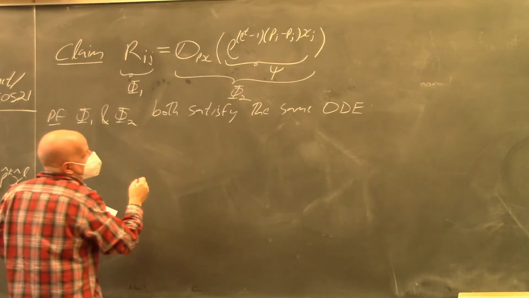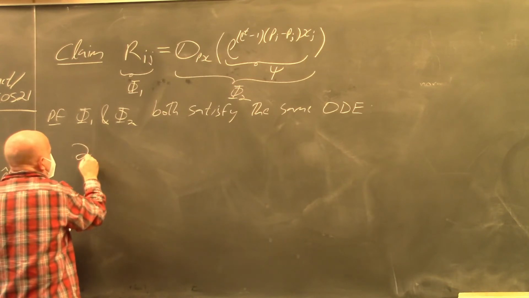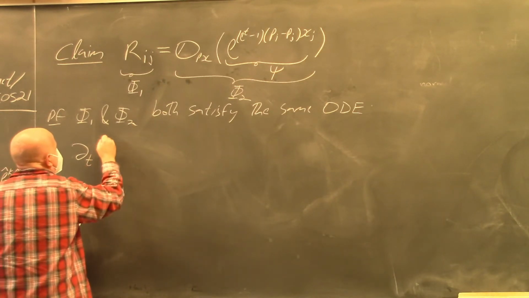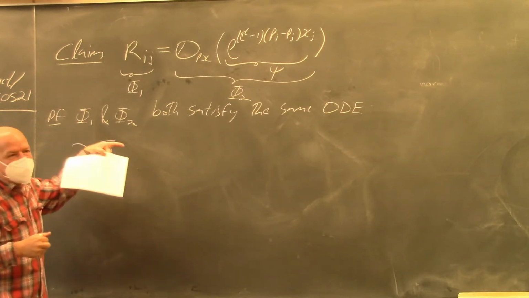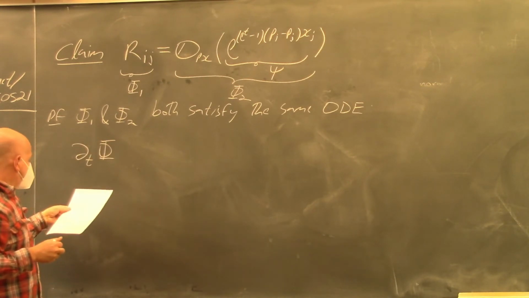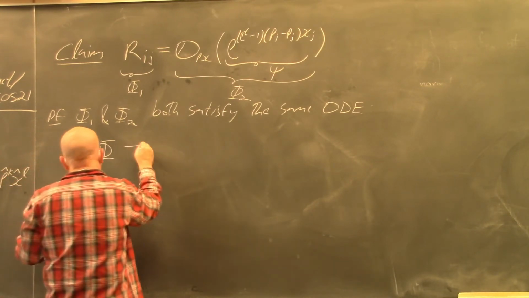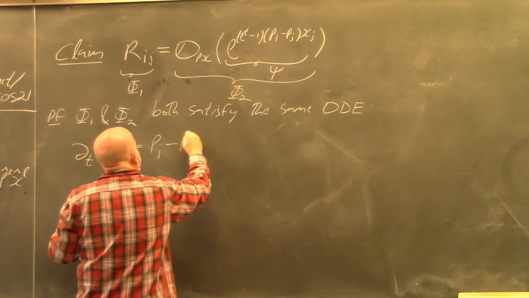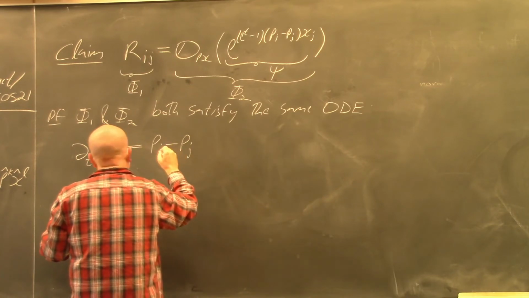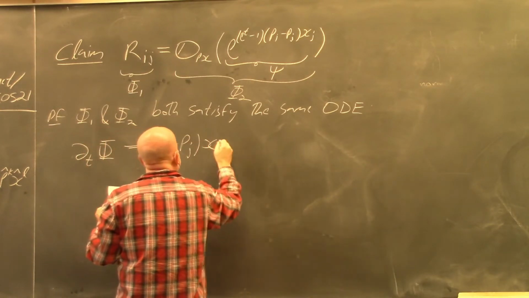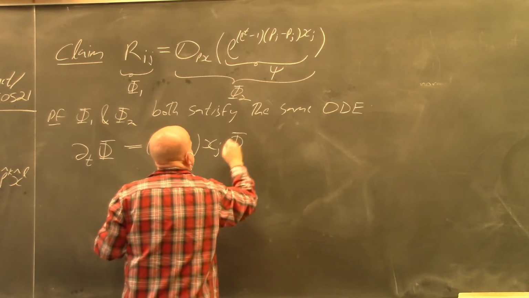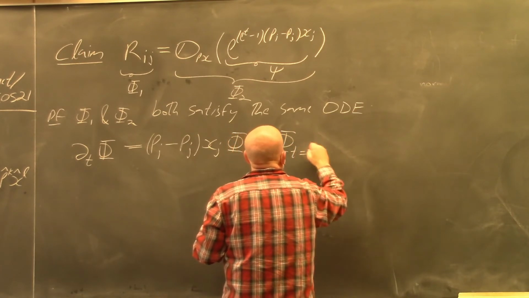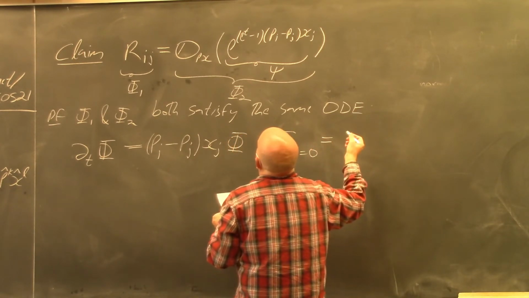And the ordinary differential equation is the derivative of phi, phi being either one, with respect to t is equal to pi minus pj times xj times phi. And phi at t equal to 0 is 1.